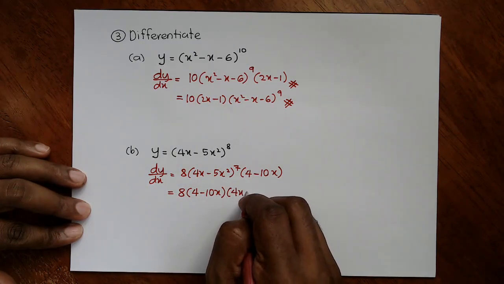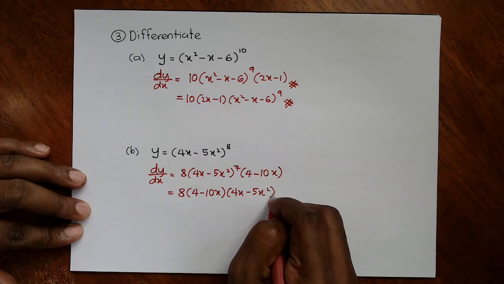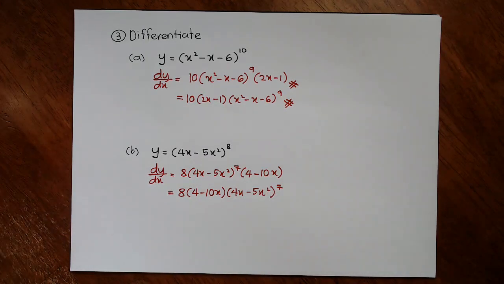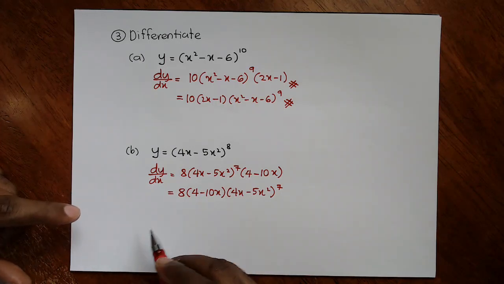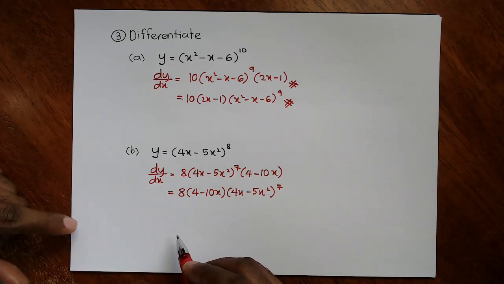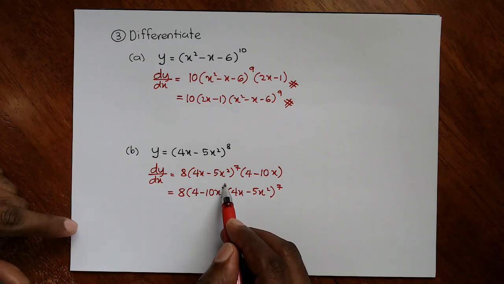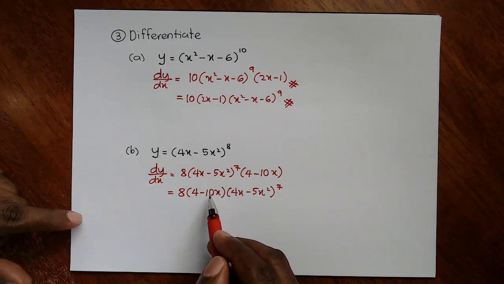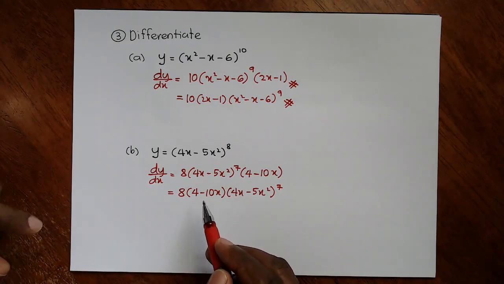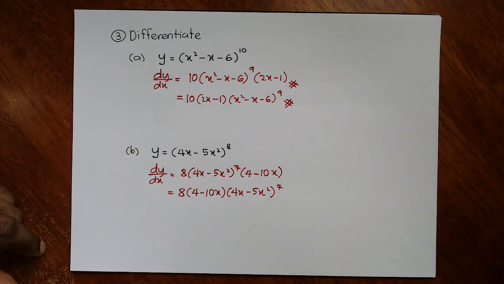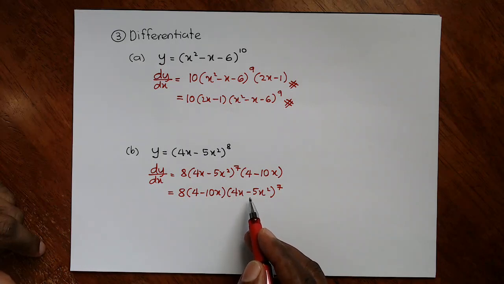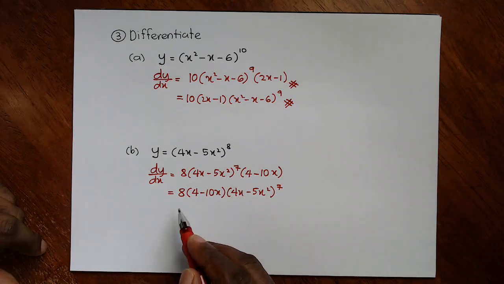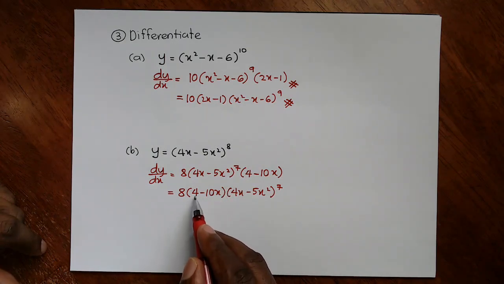But you realize that 4 minus 10x, you can factorize further. You can take out 2. If the power is 1, you can factorize and put outside. If you don't, it doesn't look the most beautiful. We don't factorize from here because the power is 7, so you cannot take out anything. But here the power is 1, and from 4 and 10 you can take out 2, then you should. You take out the 2 from in there times the 8.